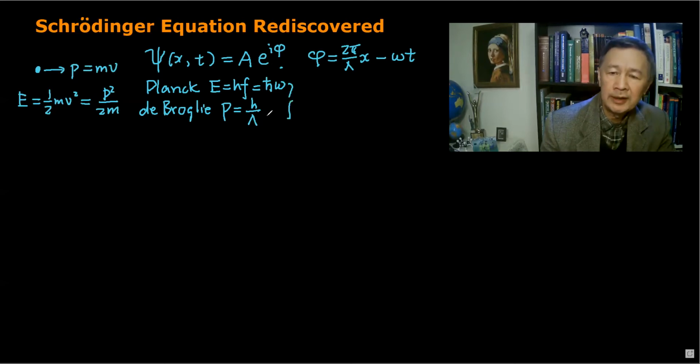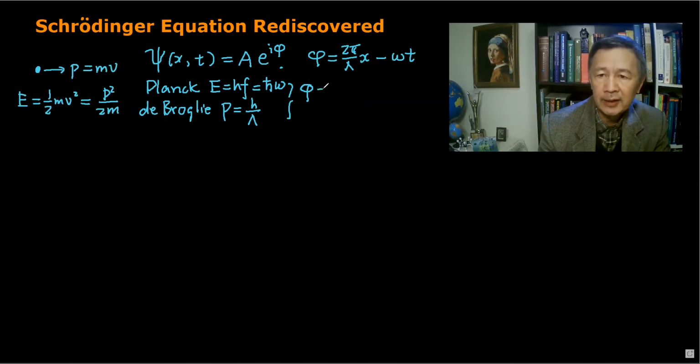If we substitute these two basic equations into the phase formula, we can obtain that phase phi can be written as, let's put a 2 pi here, and we divide by h and immediately multiply by h. So in this way, we obtain h over lambda multiplied by x. The second term, omega, can be simply written as the total energy divided by h bar, multiplied by t.